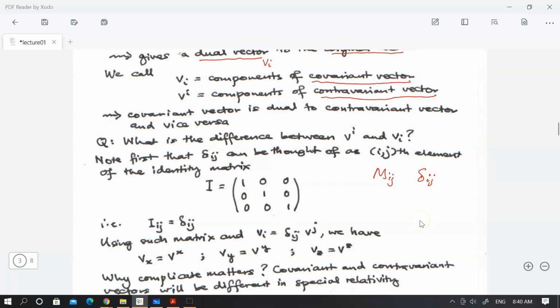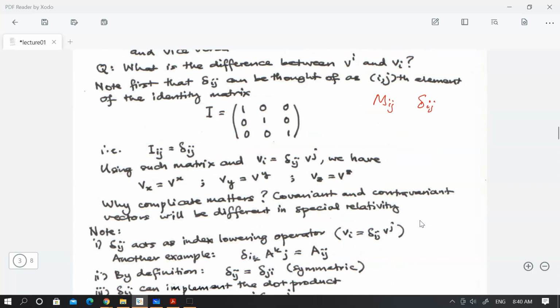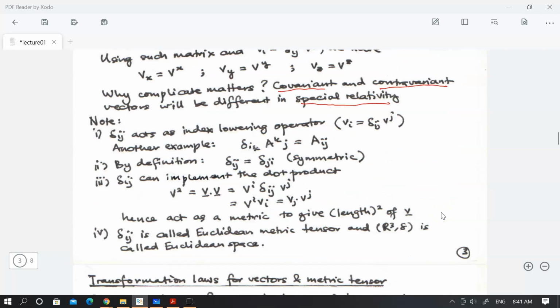So you might ask, why bother with the ordering of the index on top or at the bottom? Well, later on you'll see that your covariant and contravariant vectors in special relativity will be different. It's just in the context of classical mechanics that they are the same thing. So we have mentioned just now, your delta ij acts as an index lowering operator.